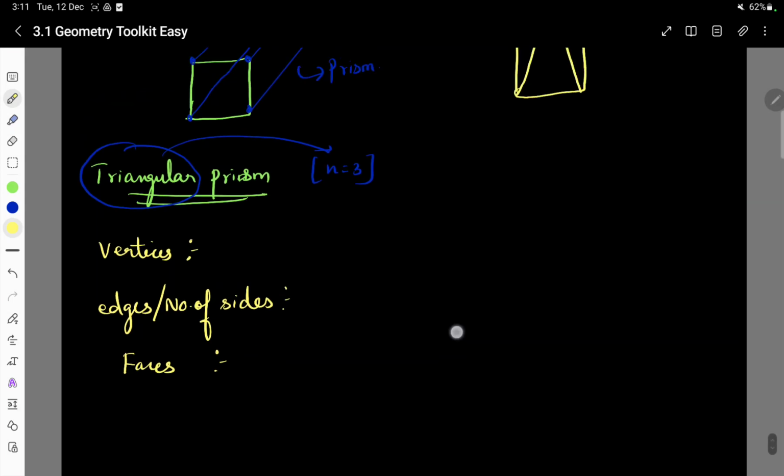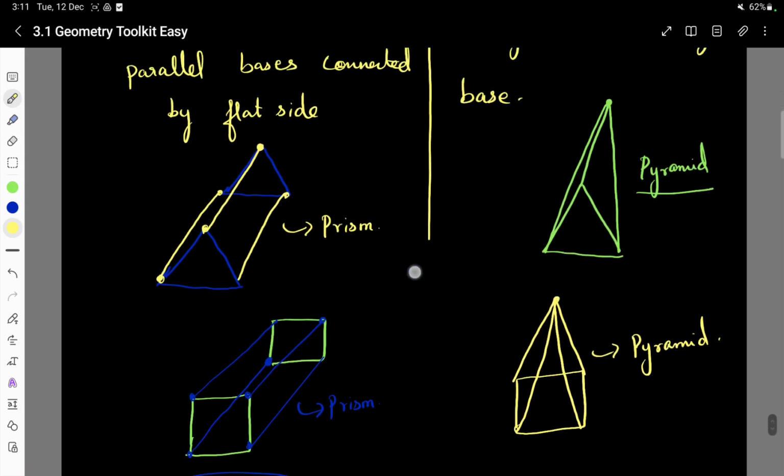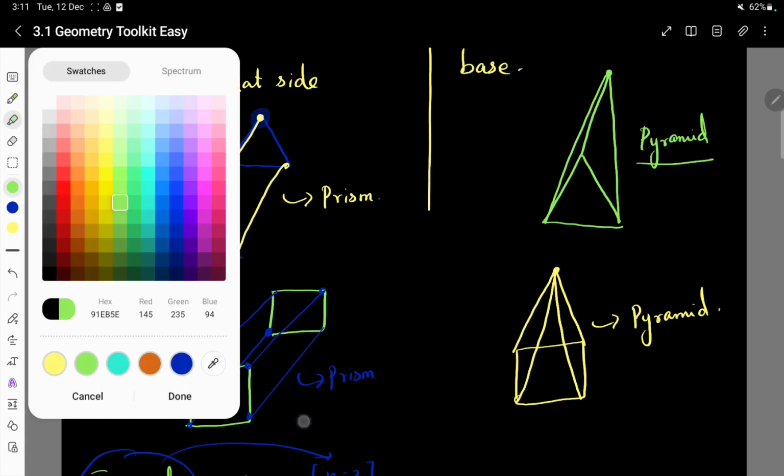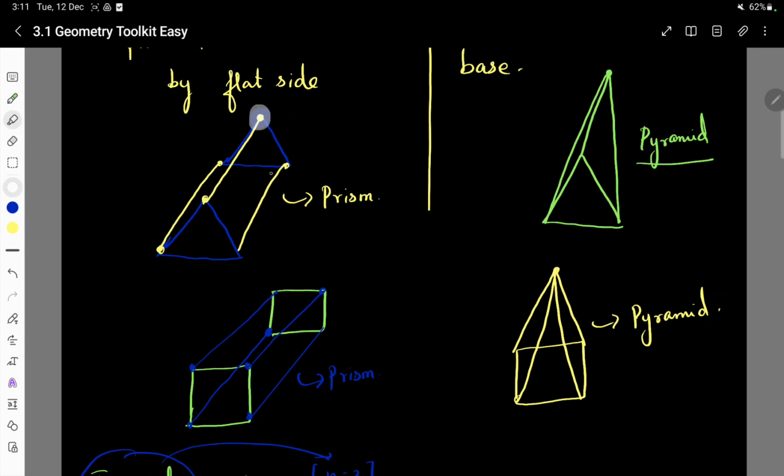So now see here, this is one triangular prism. Here if they're asking the number of vertices, I will just change the color. 1, 2, 3, 4, 5, 6.